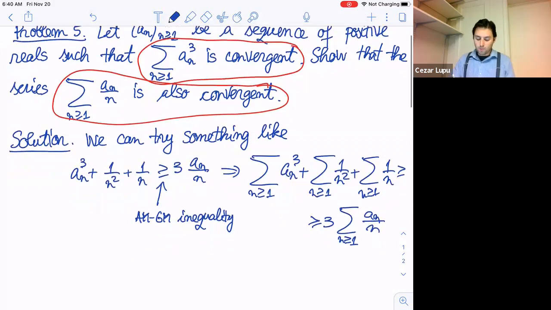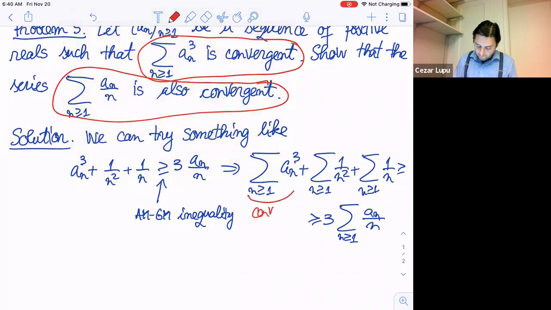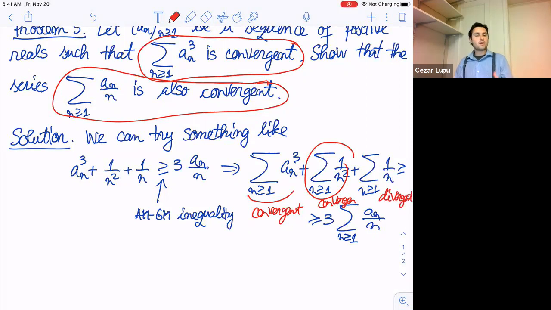I have no problem with the first guy, it is convergent. The same goes for the second. But the last one diverges. It's the harmonic series. So it doesn't work like this.